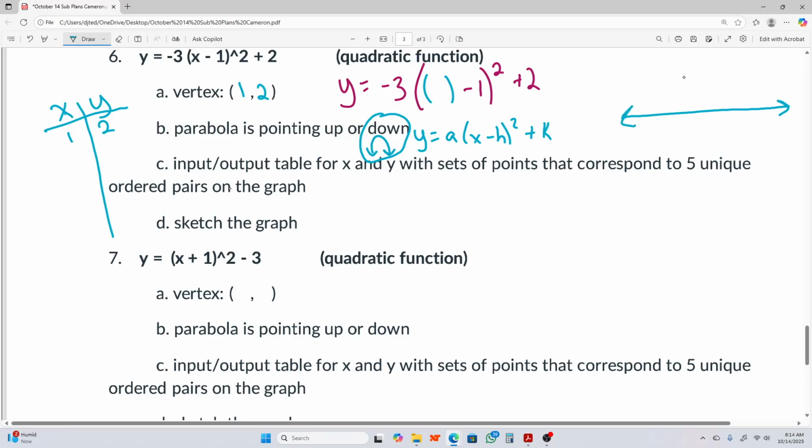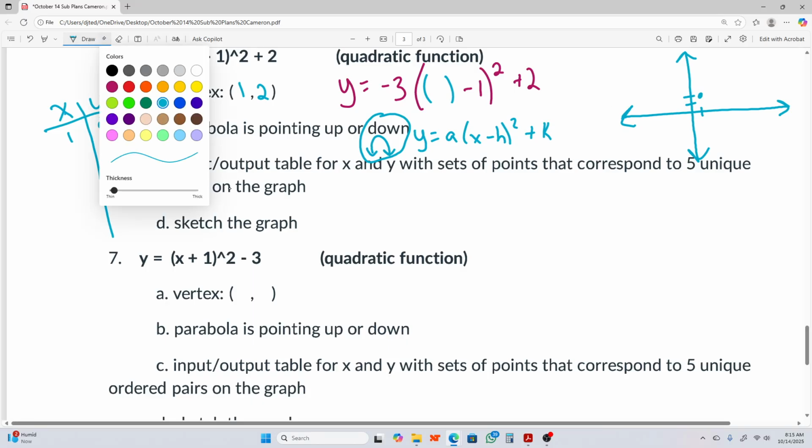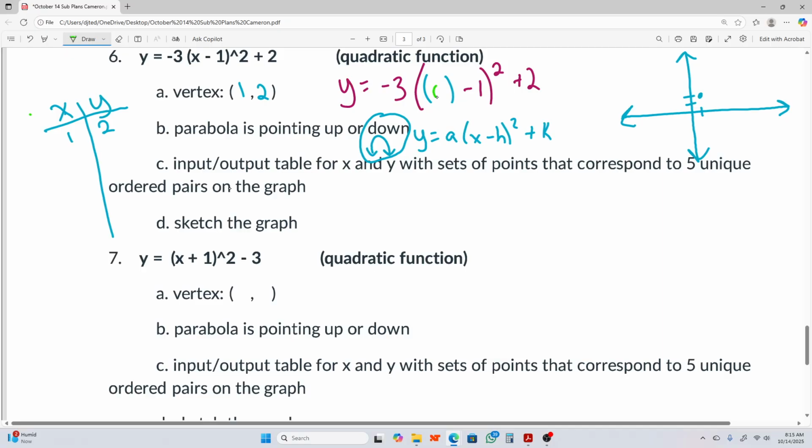Sketch a graph. Where x is 1, y is 2, right there. And we know it's going to be coming down. I can find out what y is when x is 0. If I plug in a 0 for x, 0 minus 1 is negative 1.